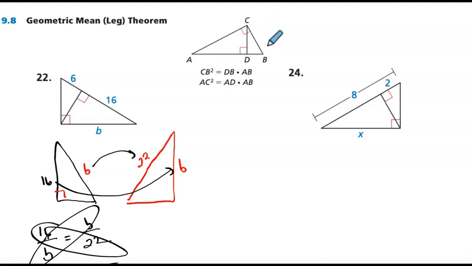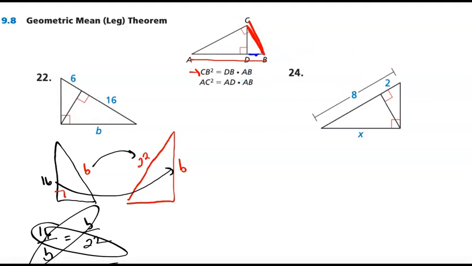So if you're using this first formula, if you have the shorter leg, it's the shorter leg squared times the smaller piece and times the whole piece here, the longer piece, right?